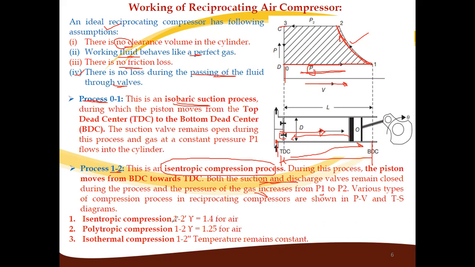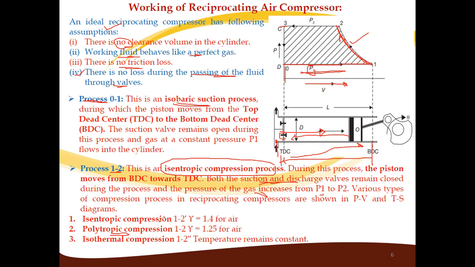Now we have another type of compression process, it is called polytropic. This process is 1 to 2 dash, that is in the next diagram. It is not for this diagram. So in this diagram there is the isentropic compression process, that is 1 to 2. In the next diagram we have isentropic compression, then polytropic compression, and isothermal compression.